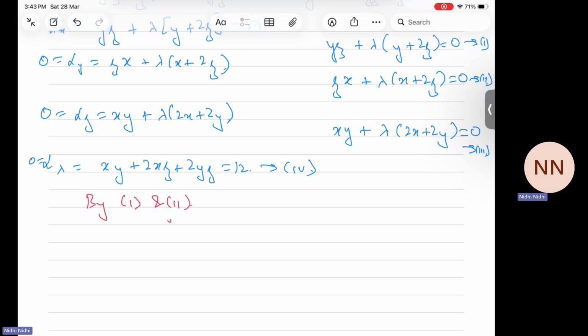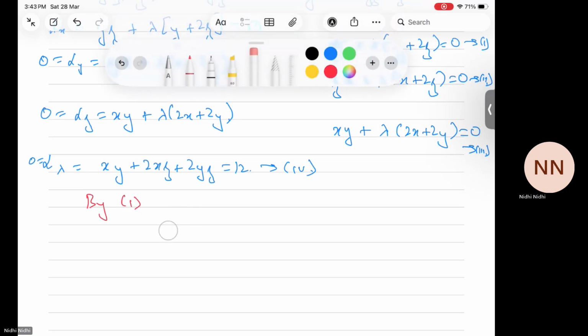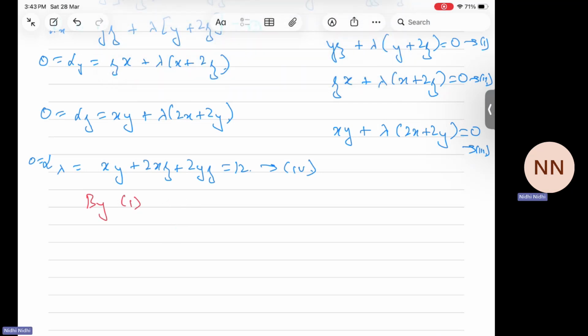So by first we have y times z plus lambda plus 2 lambda z equals 0. That gives us y equals minus 2 lambda z upon lambda plus z.